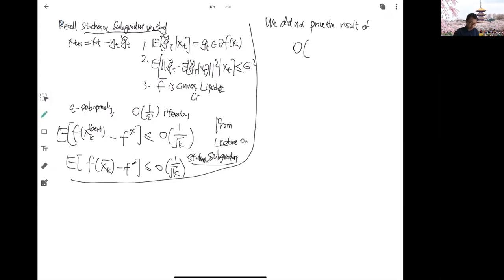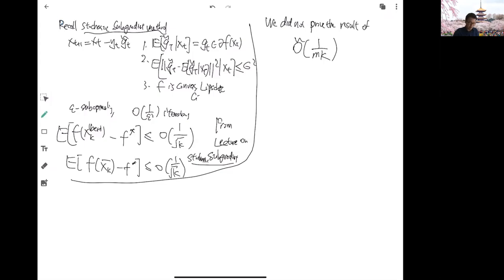So we know that with the additional assumption of m-strong convexity, we can improve the convergence of stochastic subgradient method from 1 over square root of k to 1 over m k, where this O tilde captures all these polylogarithmic factors that are not polynomial in the parameters of the problem.